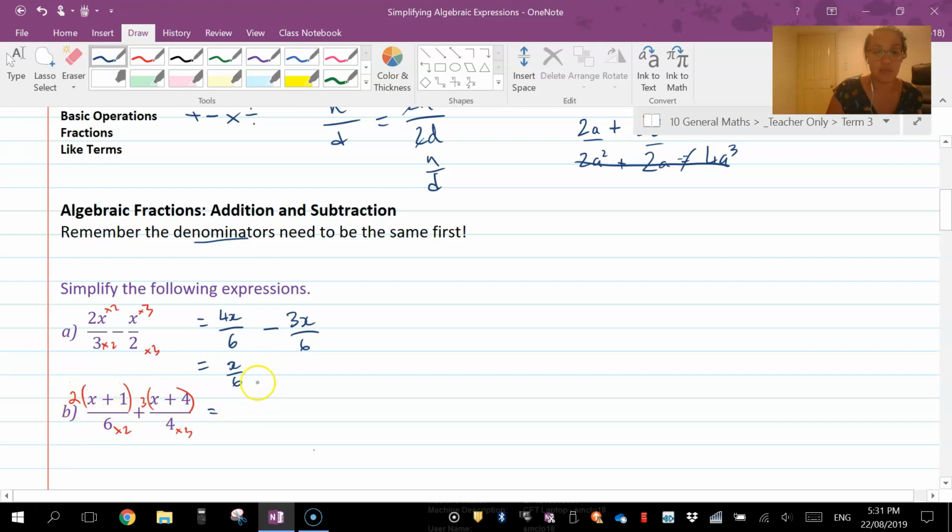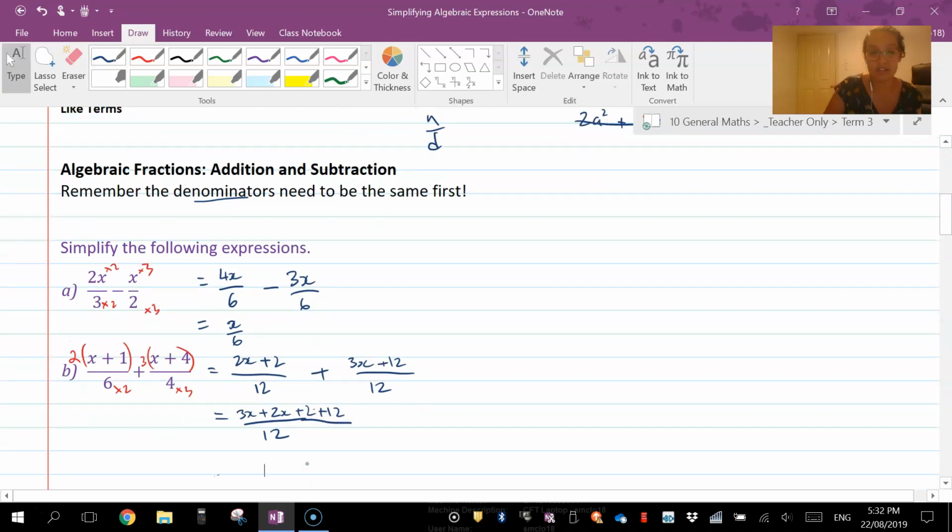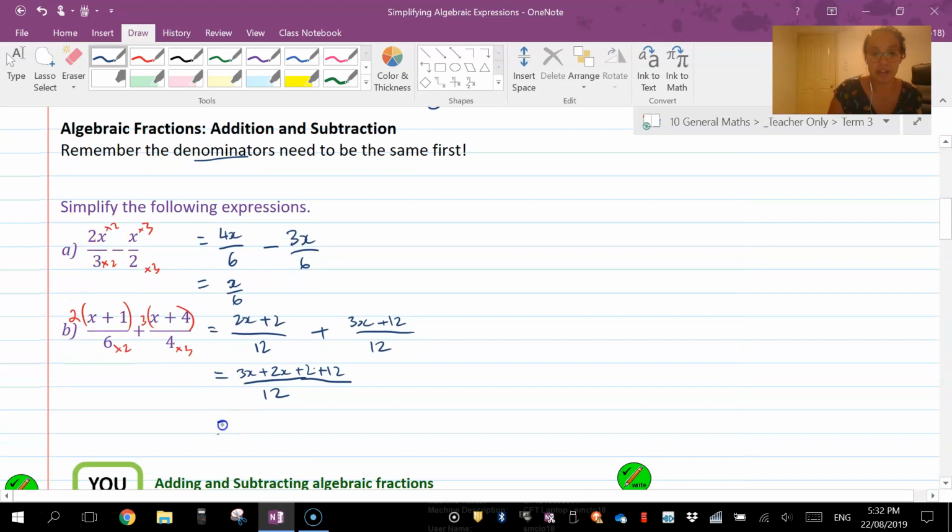So, Oprah Winfrey, everyone gets a 2: 2x plus 2, and this becomes 12, plus 3x, again another Oprah Winfrey, and 3 times 4 is 12 over 12. Leave the 12s as they are, collect up like terms, 3x plus 2x plus 2 plus 12, and that is going to give us, look at that, 5x plus 14 over 12.